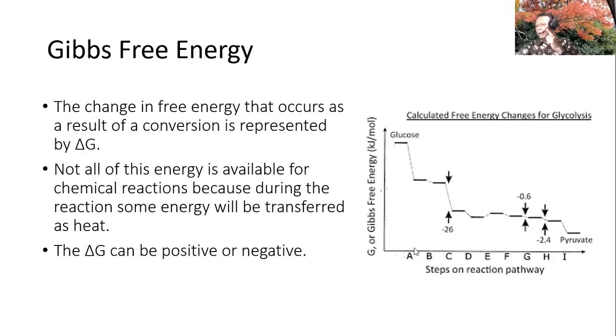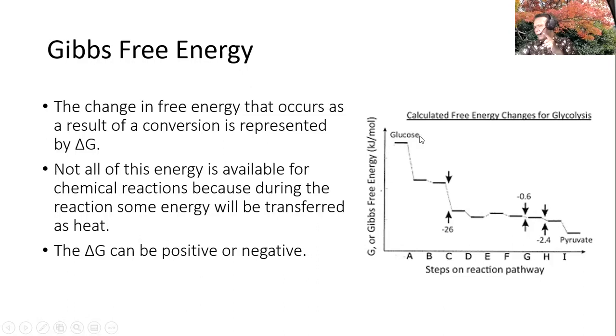Let's see this one. This is a Gibbs free energy. The unit for this Gibbs free energy is kilojoule per mole, and this is a step of reaction pathway. Let's see. We start from glucose. This is glycolysis.